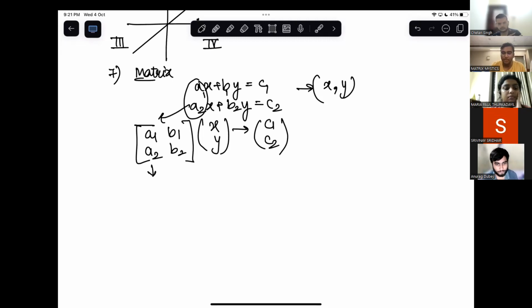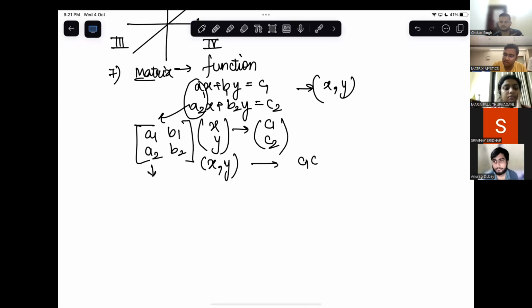Okay, so matrix multiplication. Matrix is basically a function which matches the coordinate x comma y to c1 comma c2. Let me give you a bigger insight. There can also be matrices which match x comma y to c1, c2, c3: two variables to three values.